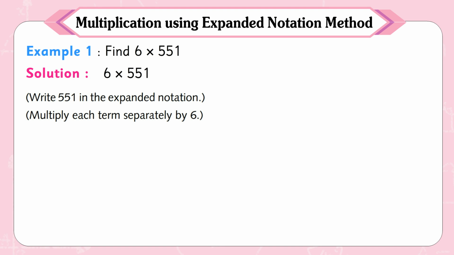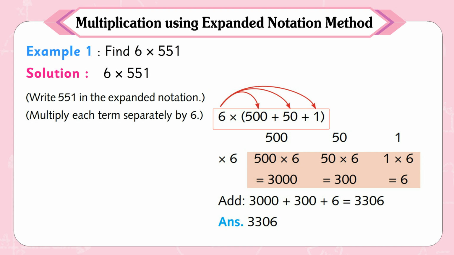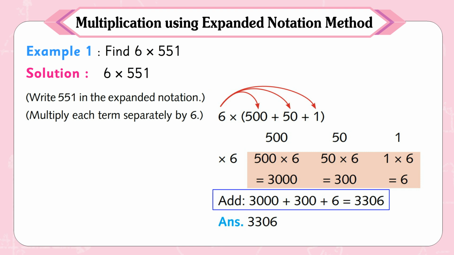Multiply each term separately by 6. 500 into 6 is equal to 3000. 50 into 6 is equal to 300. 1 into 6 is equal to 6. Add: 3000 plus 300 plus 6 is equal to 3306. Answer: 3306.